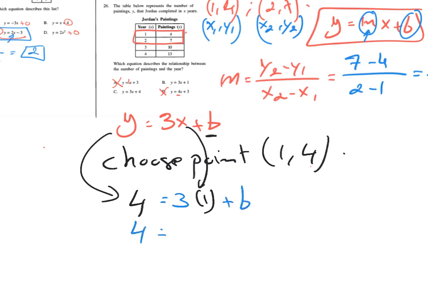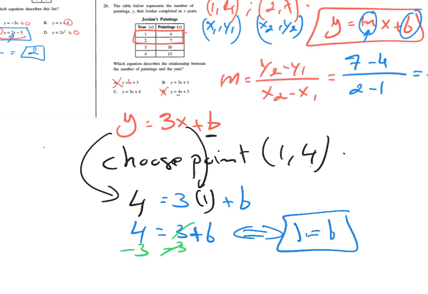So 4 equals 3 plus b. In order to solve for b, I need to subtract 3 from both sides. And I will get 4 minus 3 will be 1, equals b. So b will be 1.